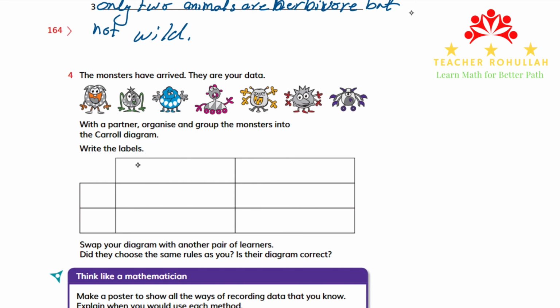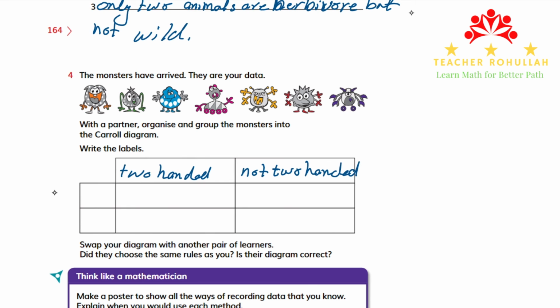So on the upper one over here, I will write, say, two-handed. Two-handed means they have two hands. Then we can say not two-handed. I said that the Carroll diagram is based on this, not this, that, not that. So here we say two-handed, not two-handed.